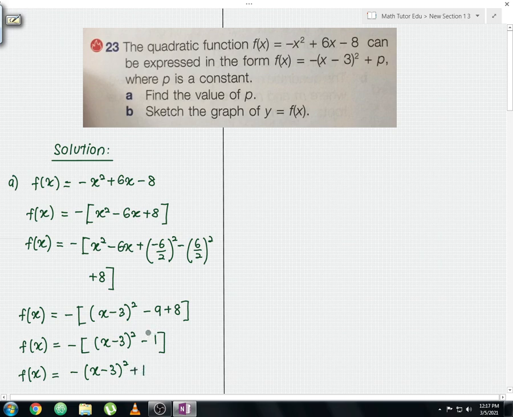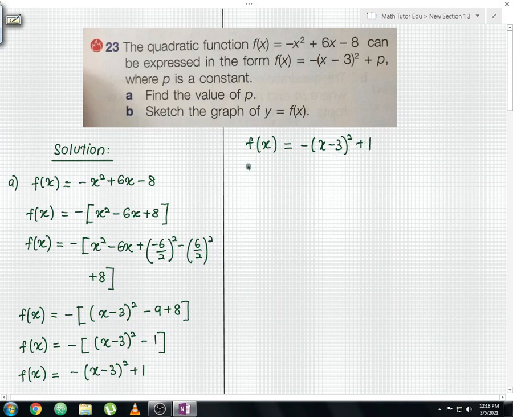So this is the f(x) function that we can obtain from our working here, and this is the f(x) that is given by the question. Let us write down the two f(x) functions respectively. The one we have found is f(x) equals negative (x minus 3) squared plus 1.